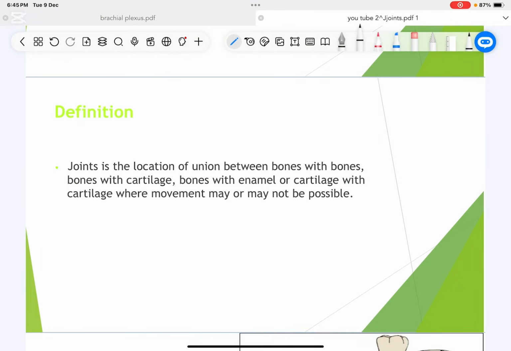A joint is the location of union between bones and bones, or bones and cartilage, or bones and enamel of the teeth, or between cartilage and cartilage, where movement may or may not be possible.